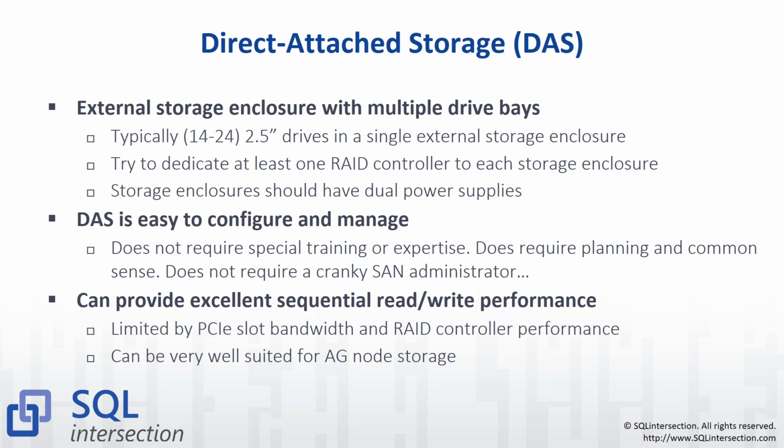And direct attached storage is really easy to configure and manage. It doesn't require any special training. It doesn't require a cranky SAN administrator either. Even a DBA can do this. And these give you excellent sequential read-write performance, and they're really limited by your PCIe slot bandwidth or your RAID controller. And these are also well suited for availability group node storage.